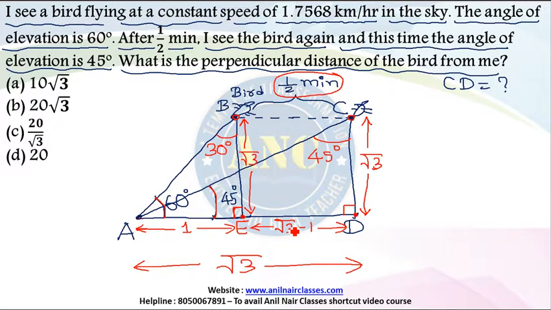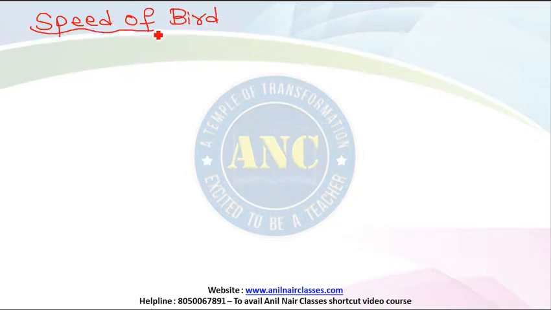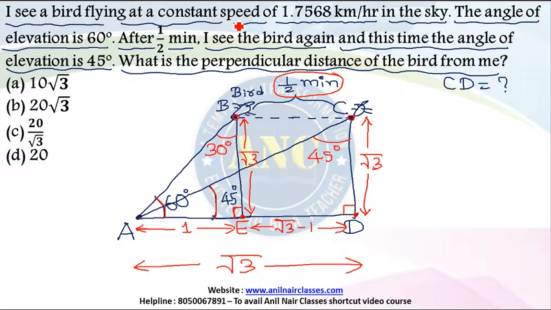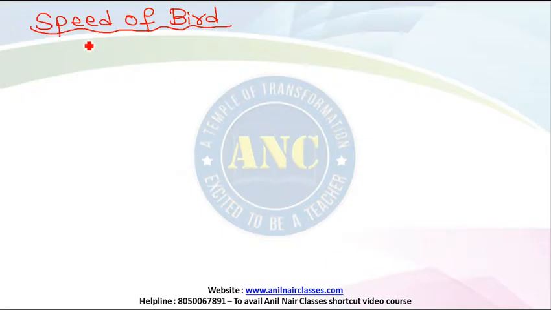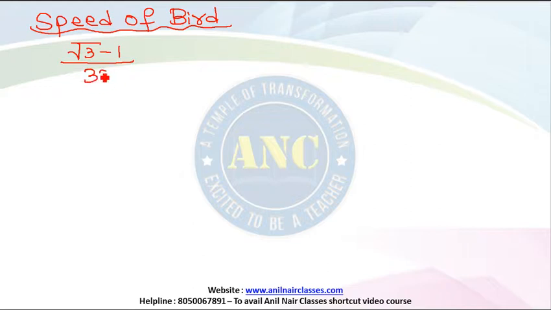According to my assumption, speed of the bird is distance traveled from B to C, root 3 minus 1 meters, divided by time taken, half a minute, which is 30 seconds. The speed of the bird is root 3 minus 1 by 30 meters per second.